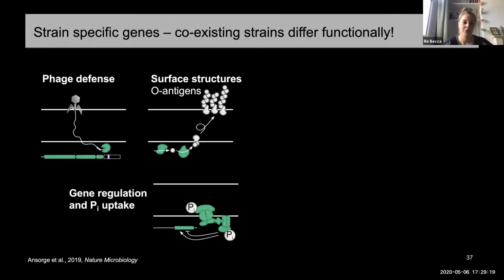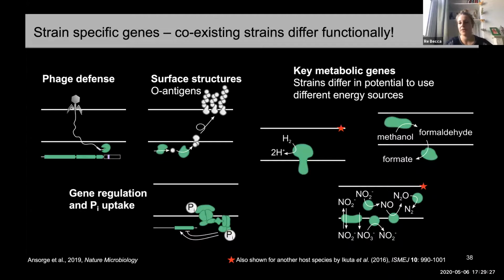But we also found different strain-specific genes in, for example, phosphate-dependent gene regulatory mechanisms, and also even in key metabolic genes that play an essential role in the symbiosis, as these are pathways that allow the bacteria, for example, to use additional energy sources such as hydrogen in order to do their carbon fixation pathway, which is the key function of the symbiont for the symbiosis.